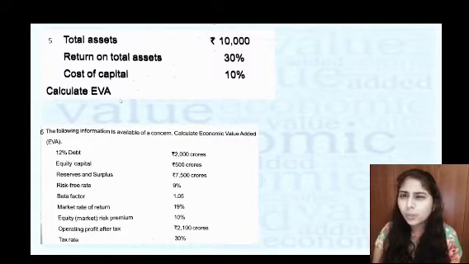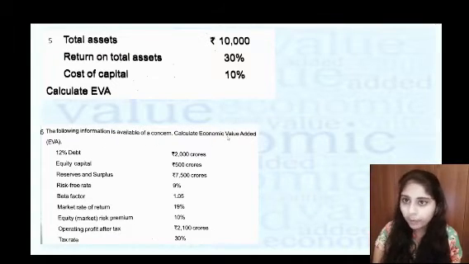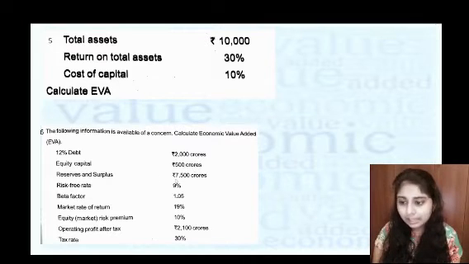Now let's do one more problem to calculate the economic value added. The following information is available of a concern. It is given that 12% debt is rupees 2,000 crores. Equity capital is rupees 500 crores. Reserve and surplus is 7,500 crores.